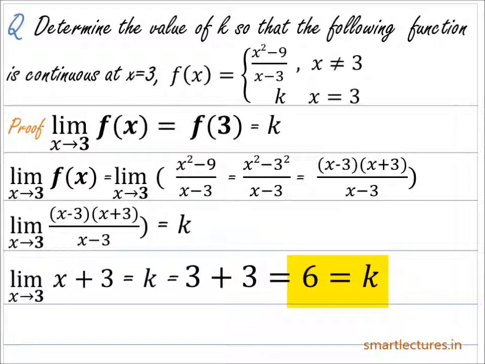So that means the value of k for which the given function f of x, defined as x square minus 9 upon x minus 3 when x is not equal to 3 and equal to k when x is equal to 3, is a continuous function is k equal to 6.